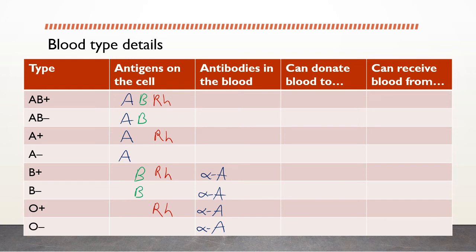If you don't have B, you'll make the anti-B antibodies. So we'll see anti-B present in the type A patients and the type O patients.